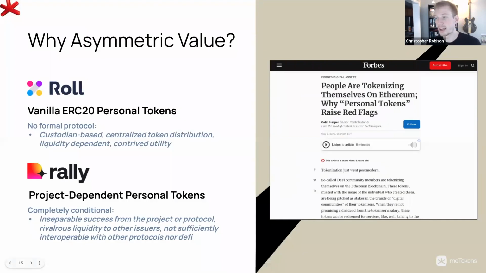The reason why we designed the personal token protocol so that the value of your token is worth more to you than everyone else, this sort of asymmetric value creation, is because we've seen a lot of personal tokens get abandoned over time. And the main reason why we feel this is the case is because people's personal tokens effectively become a meme coin.